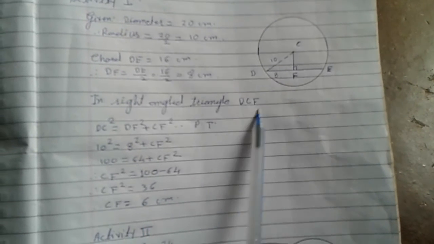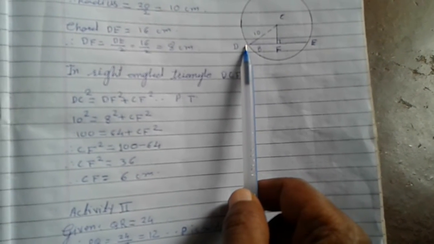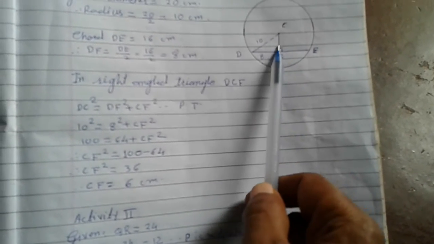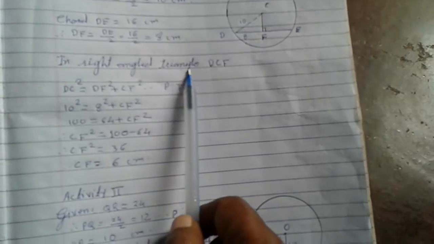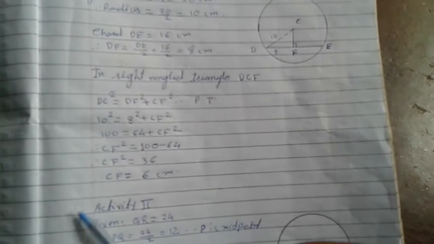Now here CF is perpendicular, therefore this triangle DCF is right angle triangle. So in right angle triangle DCF, here DC is the hypotenuse, hypotenuse square DC square is equal to DF square plus CF square. Now putting the values here, 10 square is equal to 8 square plus CF square.